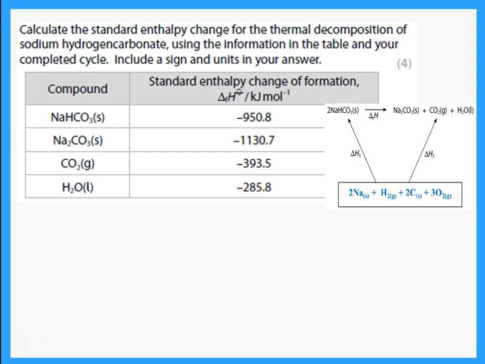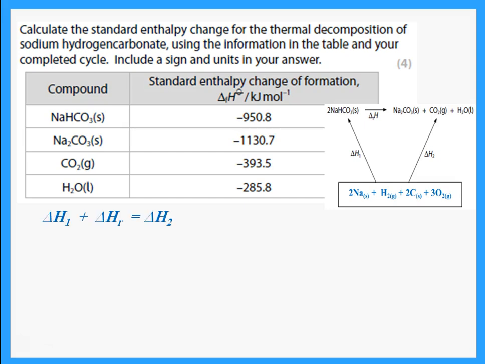I go to sodium carbonate plus CO2 plus water in two different pathways. So either I'm going to go through delta H1 and then the delta H of the reaction I'm looking for. That's one pathway. The total of that should be the same as delta H2, which is the other pathway going directly from the elements to those products.